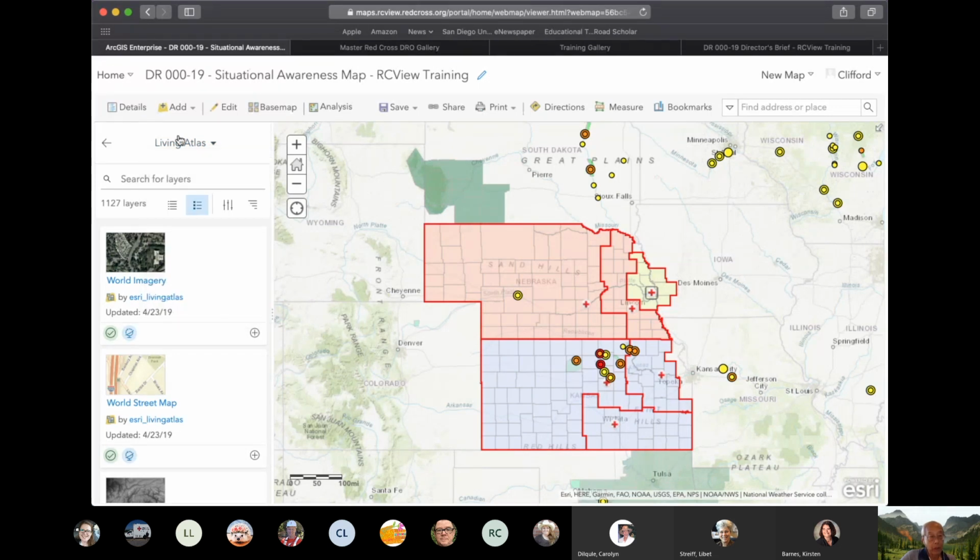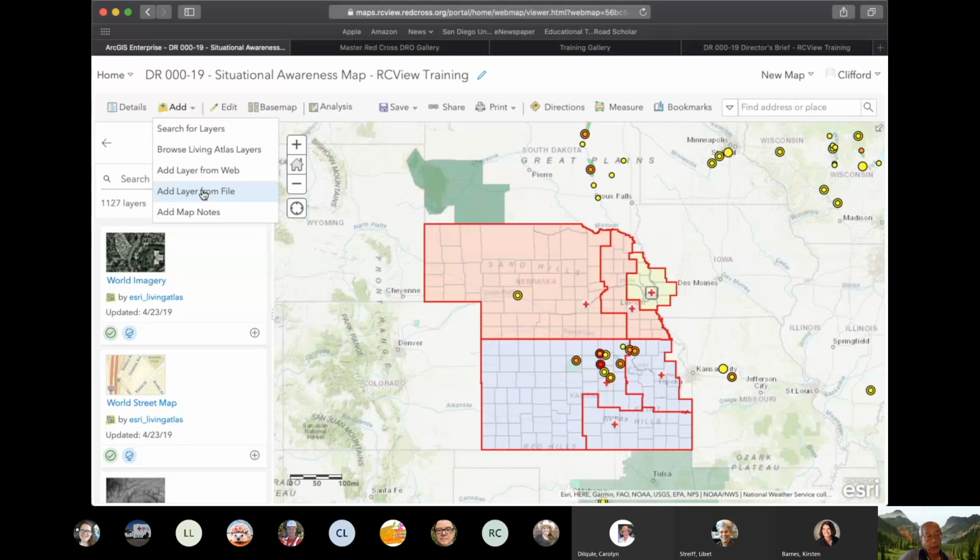So that is, if I have another way to bring in information, I can bring it in through a file. Damage assessment comes in through RC Collect, but perhaps I wanted to build a layer for a home fire campaign.